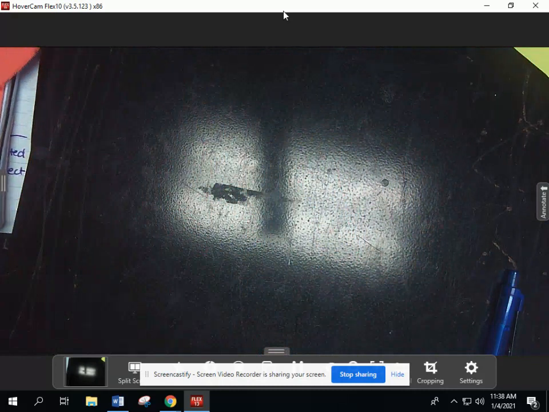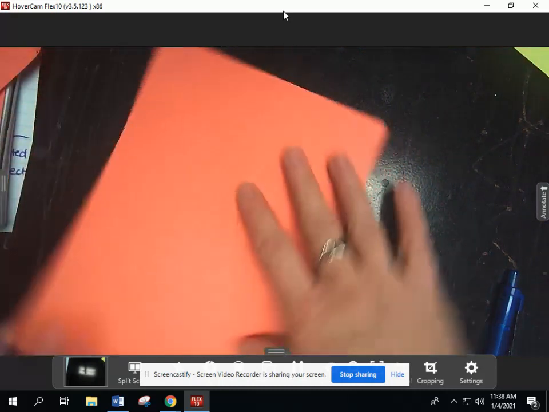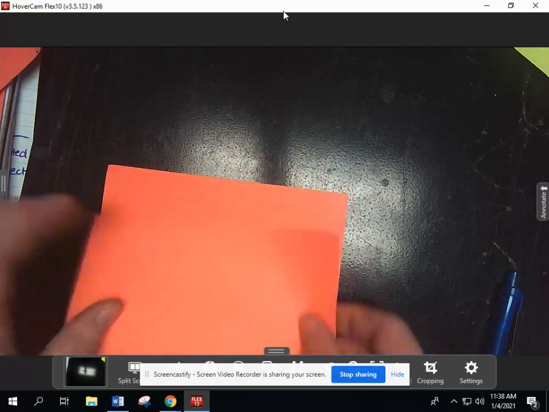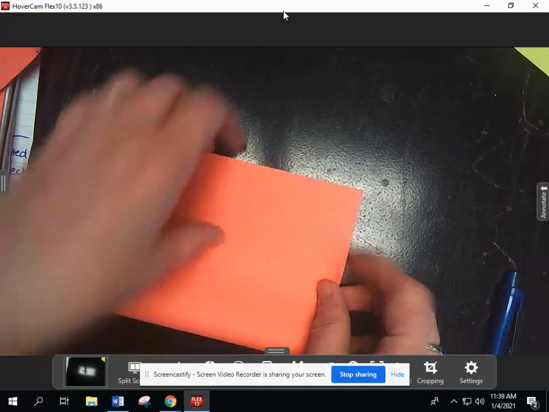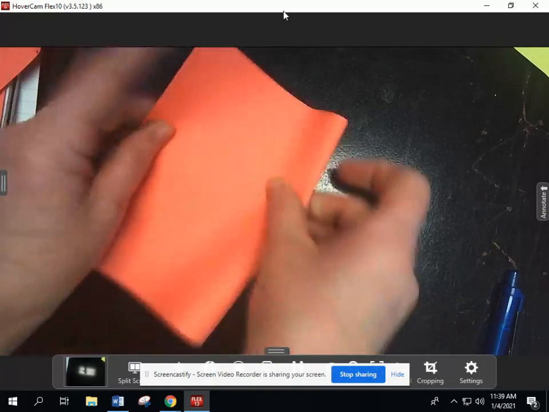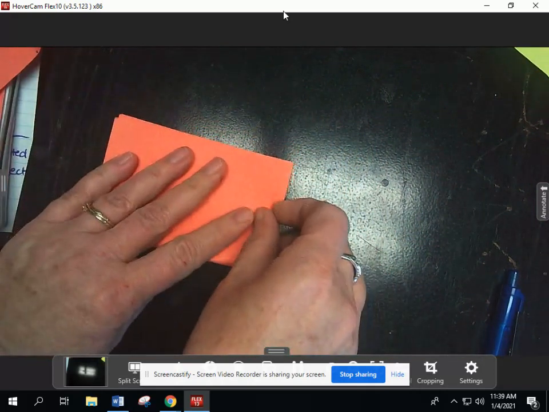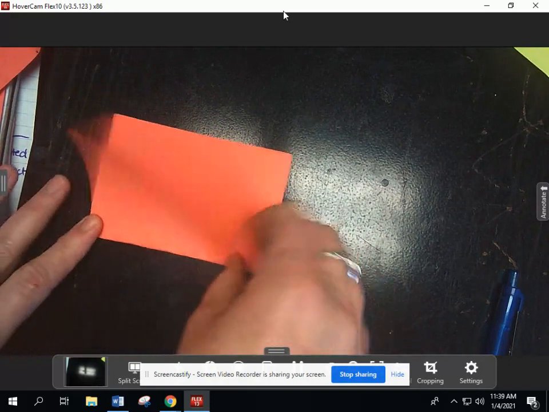Next, I want you to take another paper and fold it in 4ths. You fold it in half, and when you fold it in half, you have 2 pieces. Then if you fold it one more time, you now have 4 pieces.